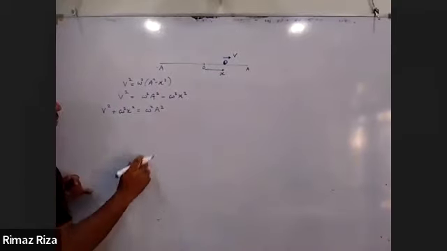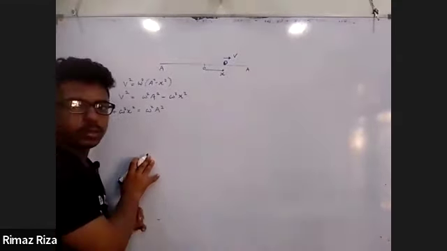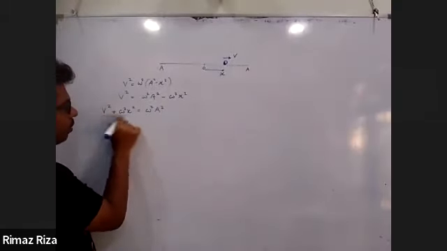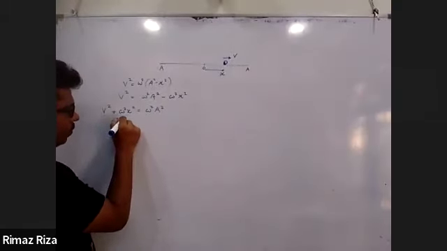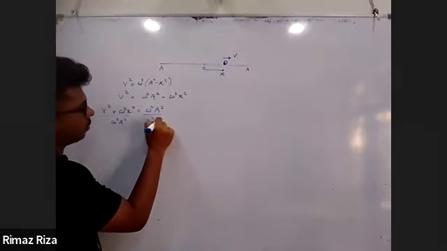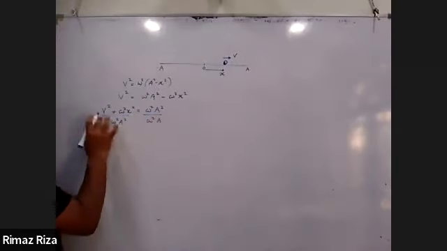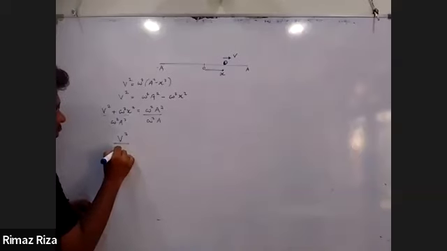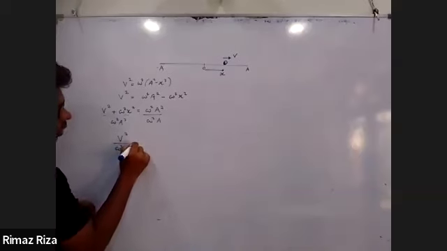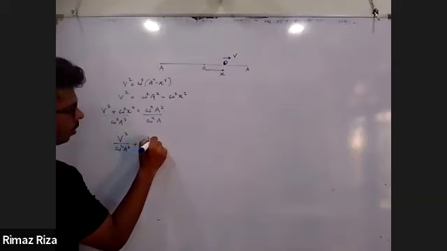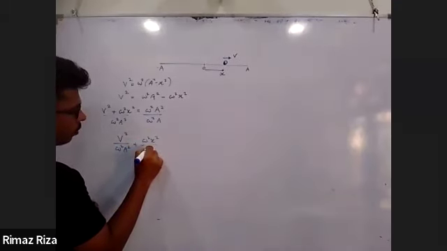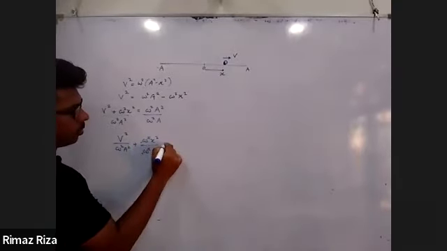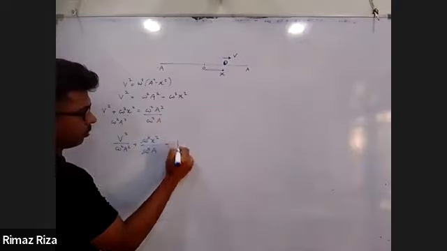Then what I'm going to do is divide both sides by omega squared a squared. So I separately divide v squared by omega squared a squared, plus omega squared x squared divided by omega squared a squared. So the omega squared cancels, and inside it will be 1.